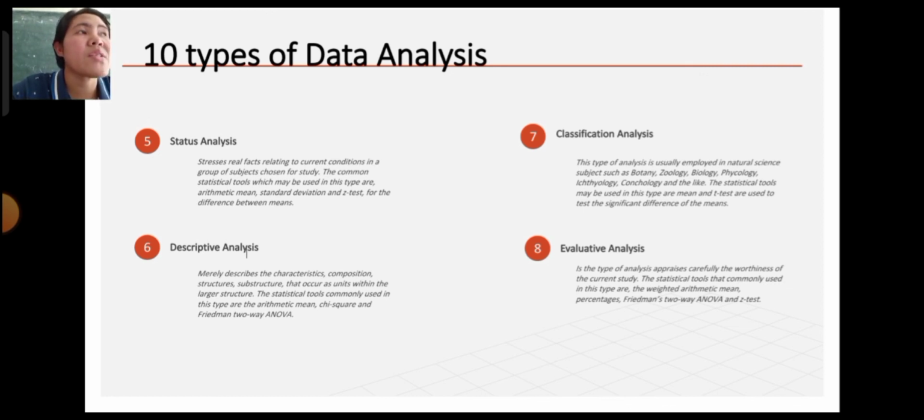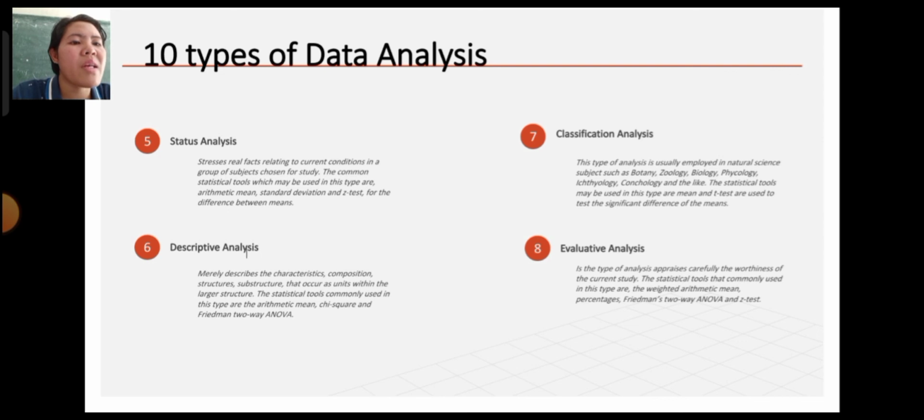This type of analysis is usually employed in natural science subjects such as botany, zoology, biology, psychology, etiology, conchology, and the like. The statistical tools that may be used in this type are the mean and t-test, used to test the significant difference of the means.